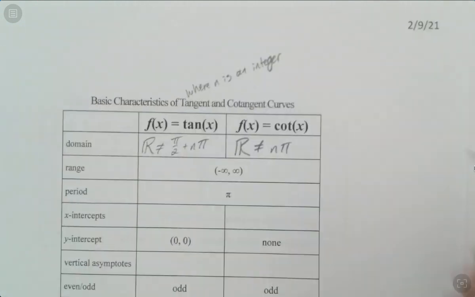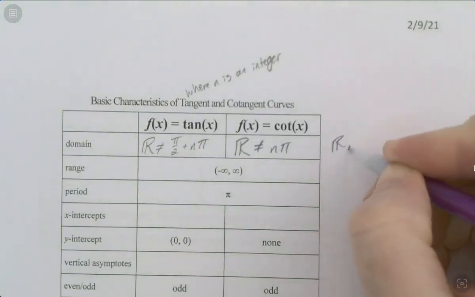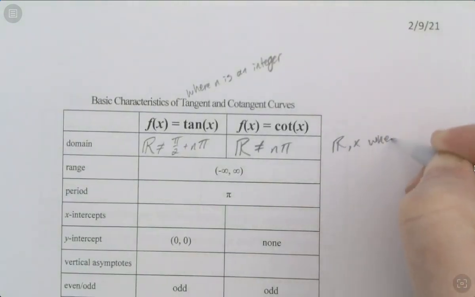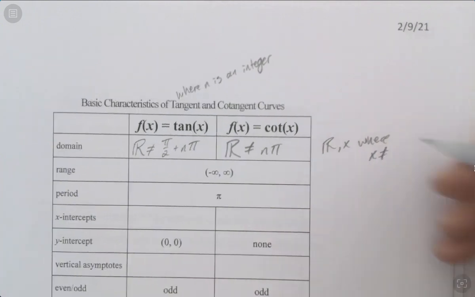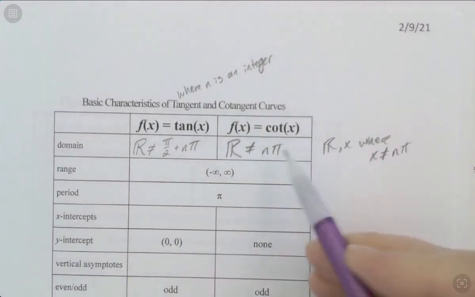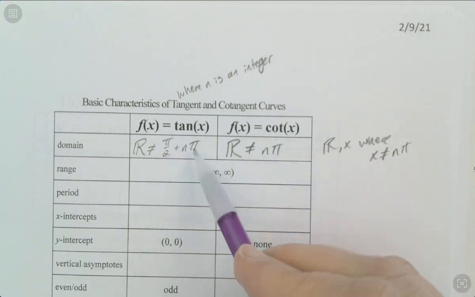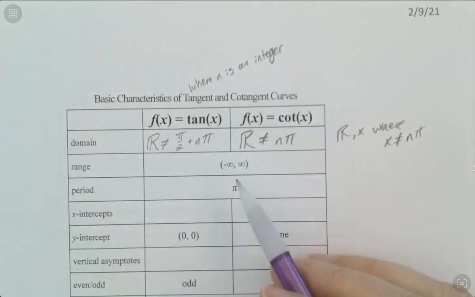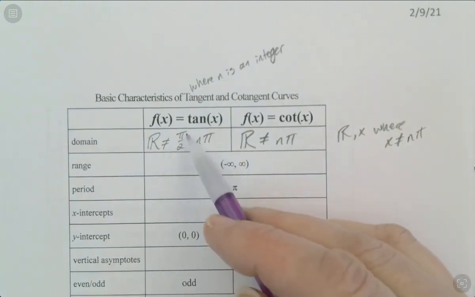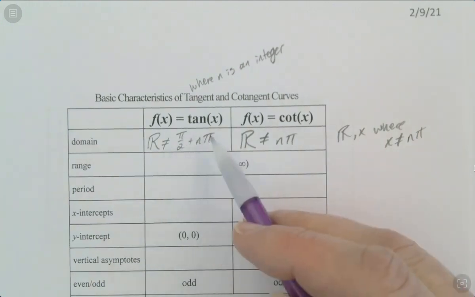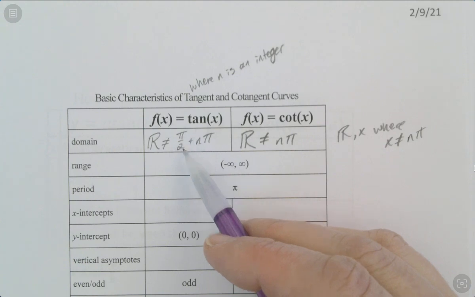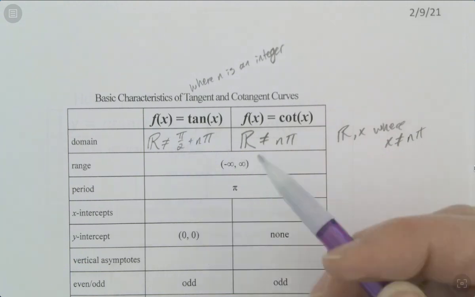Technically, you might say all real numbers x where x is not equal to n pi, but I'm not going to be that picky. I'm mostly concerned about that expression, like whether it's n pi or pi over 2 plus n pi. Of course, if you transform the graph, it could be like pi plus 3 pi over 4 n, something like that.